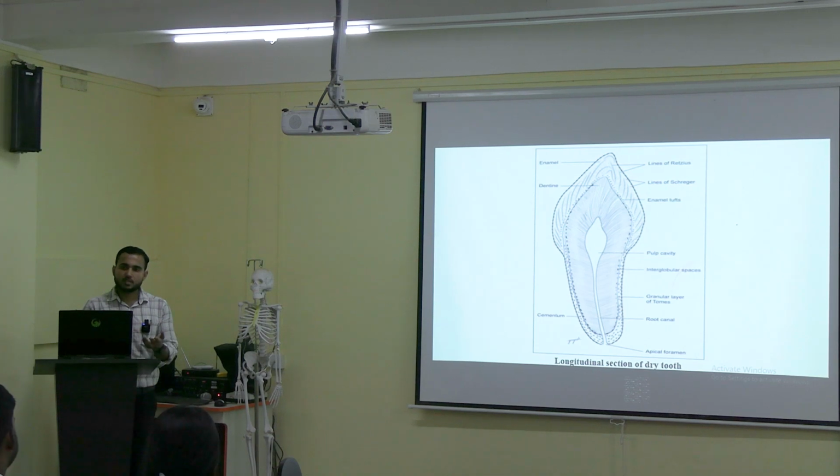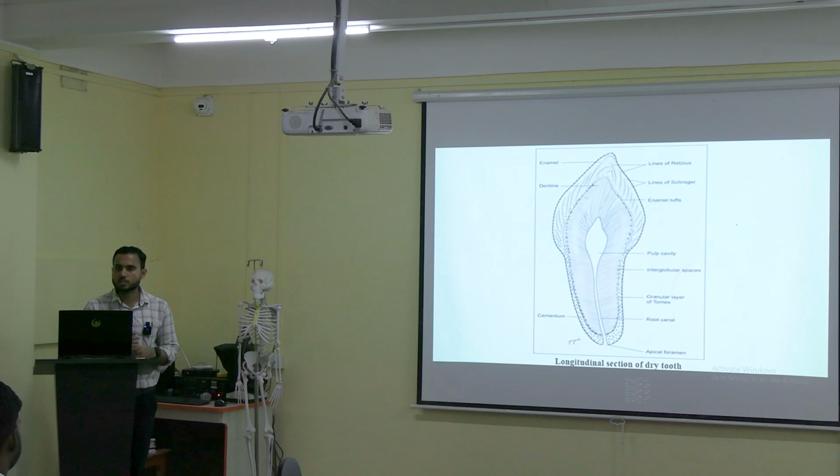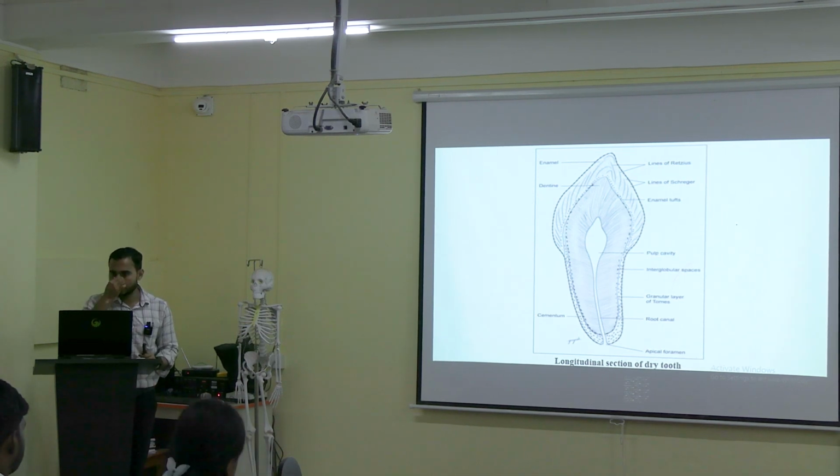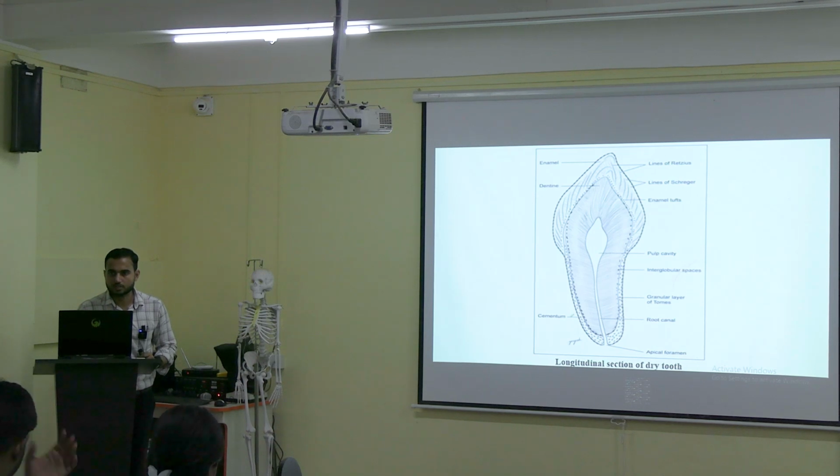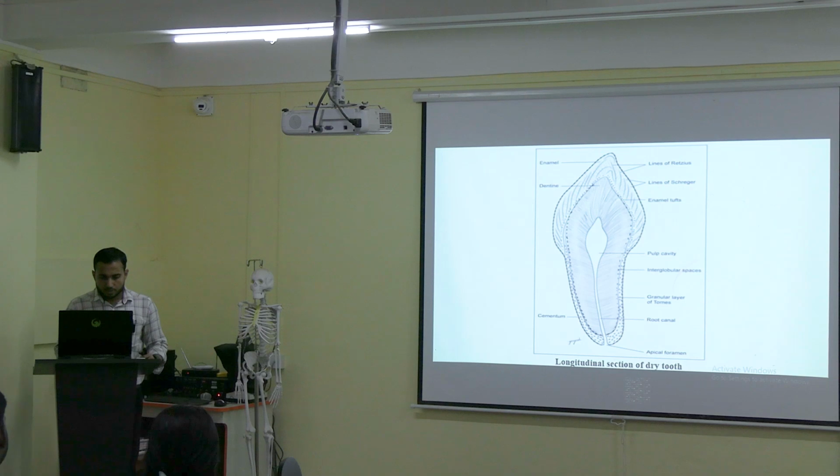To decalcify it you have to remove the calcium part; for that, it is dissolved in a strong acid and then the slide is prepared. In ground sections, decalcification is not done and calcium is present. I am not going into all those things; just this simple diagram will be enough for the microscopic structure of the tooth. So that is all about the tooth.